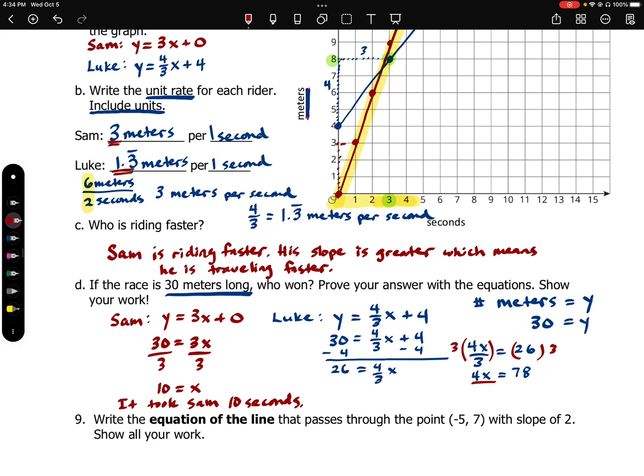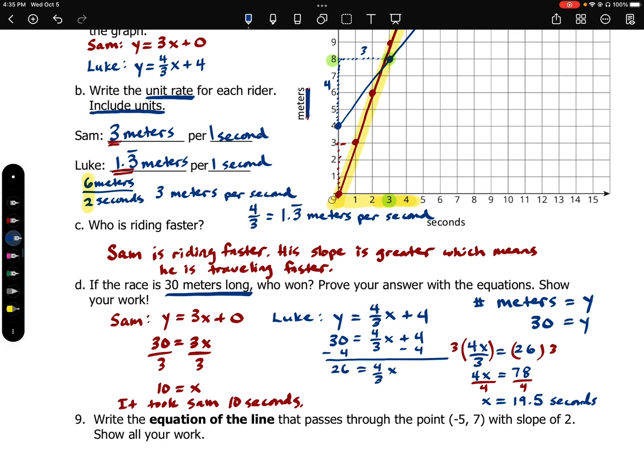And then to get x by itself, we'll divide each side by 4. Now x is going to equal, how many times does 4 go into 78? Well, it should be about 19.5. So it's going to take Luke 19.5 seconds to finish the race.